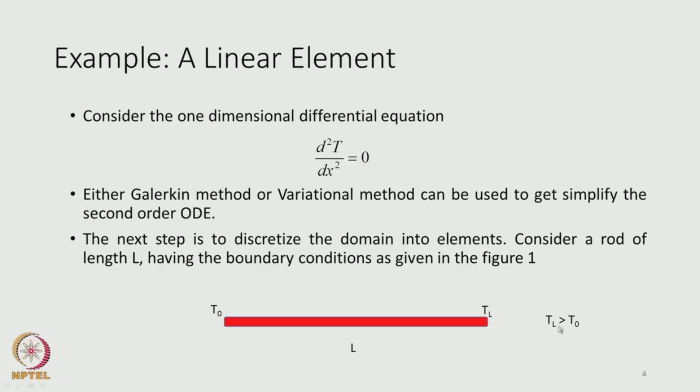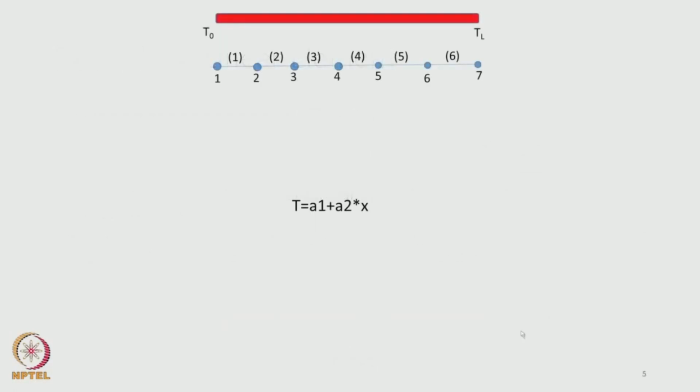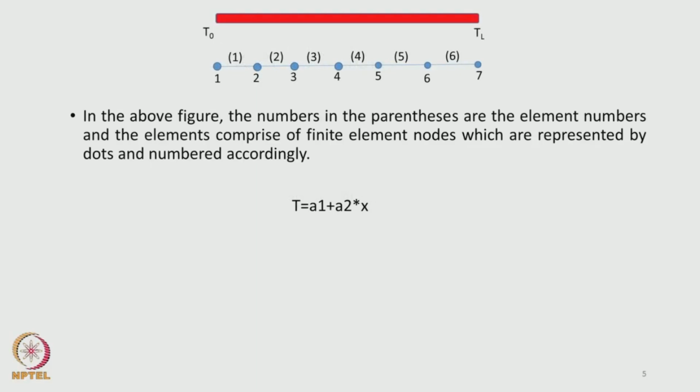We make a small restriction that TL is greater than T0, that is, the right hand side temperature is greater than T0.